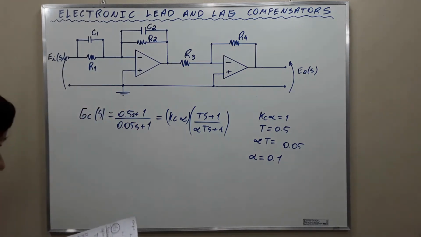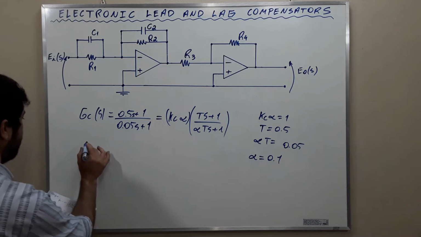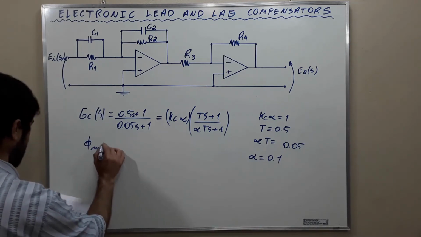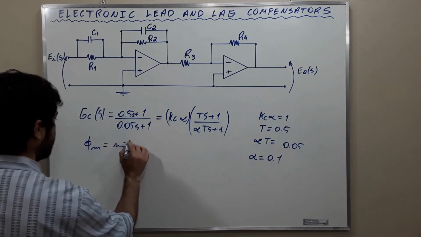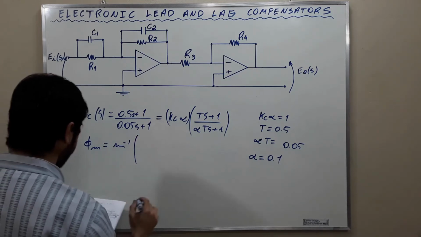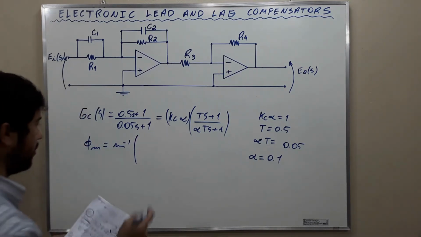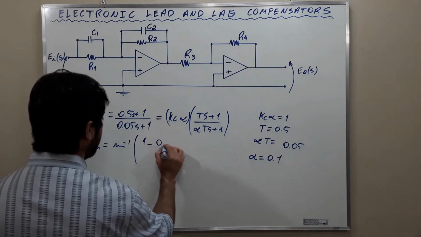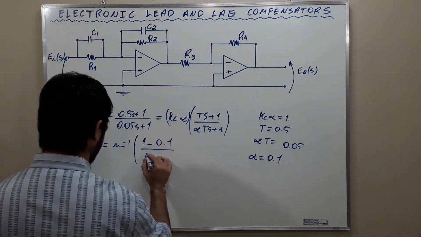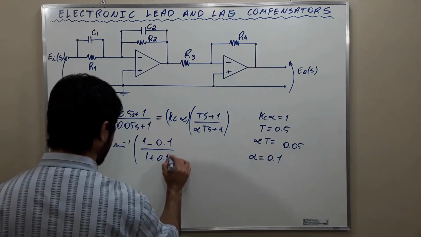Alright? Now we are going to calculate the maximum phase shift, and the maximum phase shift is equal to the inverse sine of (1 minus alpha) divided by (1 plus alpha), which is (1 minus 0.1) divided by (1 plus 0.1).